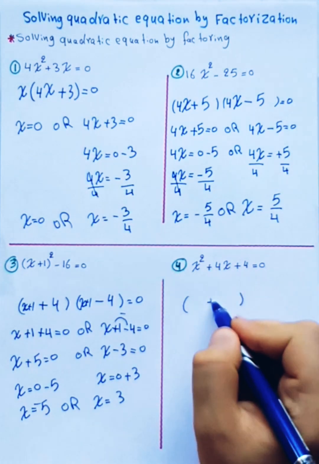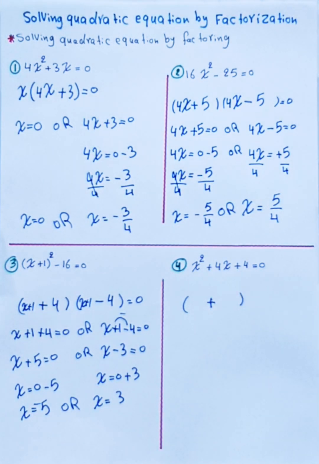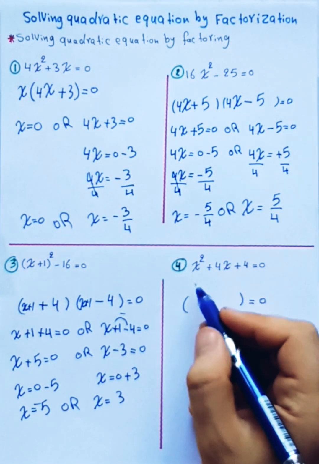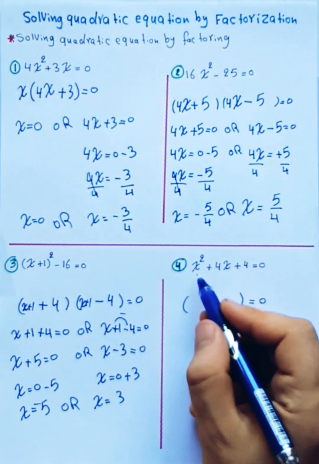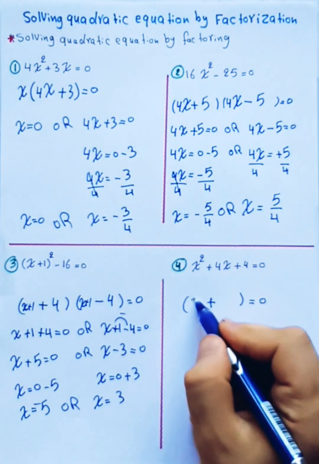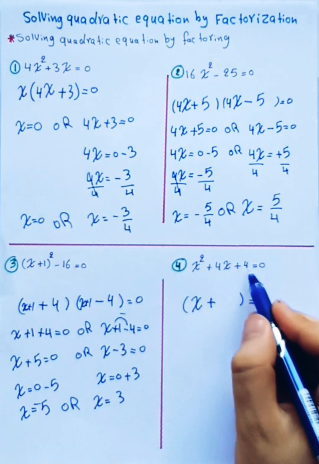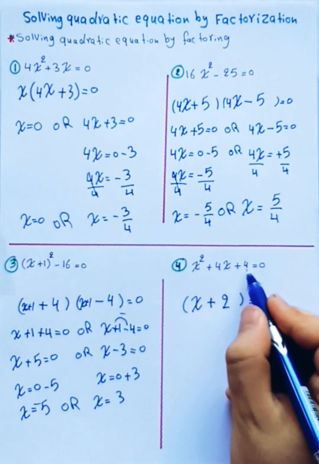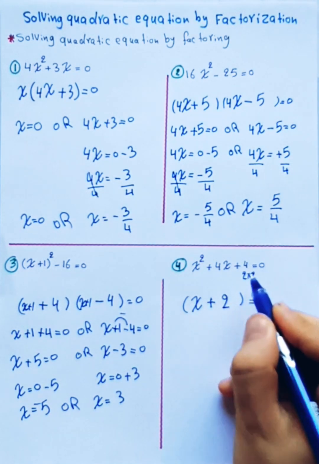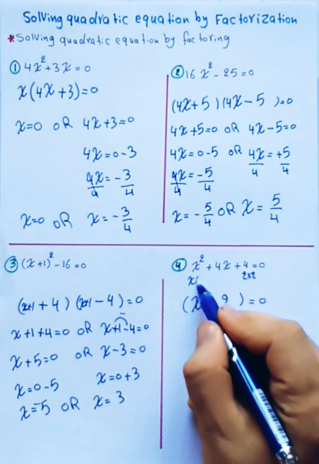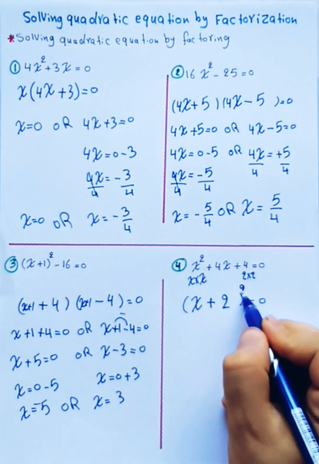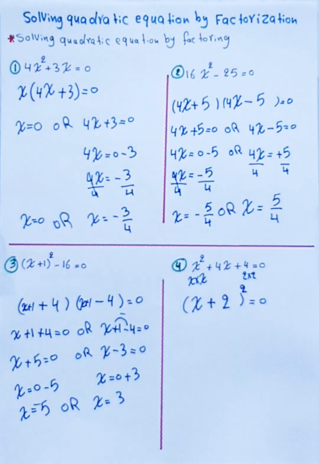You have to write it inside the parenthesis and then equal to 0. In the first term, you have to write the first power of the first term, x, and then you have to write the first power of the third term, 2, because 4 comes from 2 multiplied by 2, and x squared comes from x multiplied by x, so you have to write square over the parenthesis.